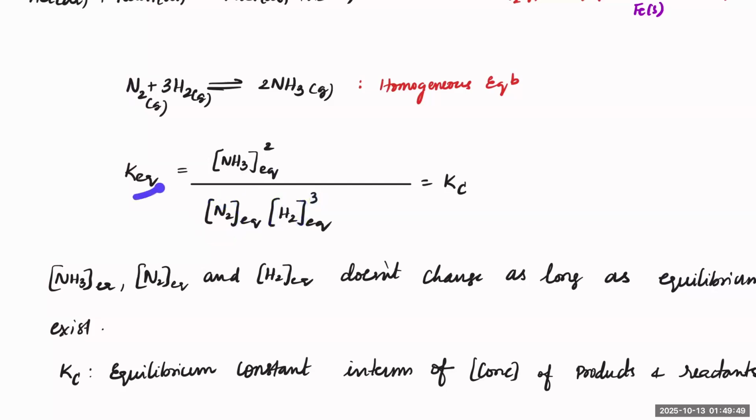So that will become K equilibrium. That is the equilibrium constant. But since this equilibrium constant is represented in concentrations, we can write the same equilibrium constant as Kc. So Kc represents the equilibrium constant in terms of concentrations of reactants and products.